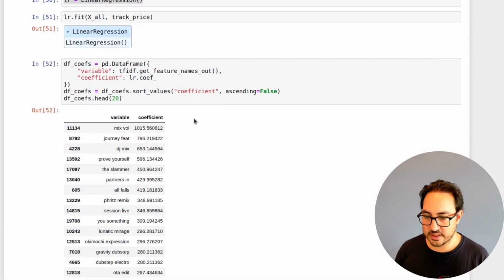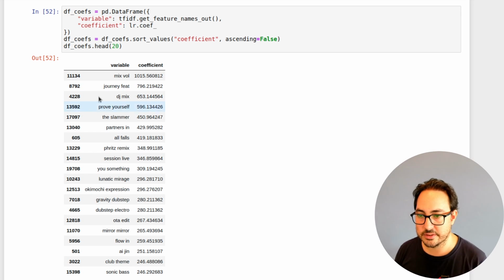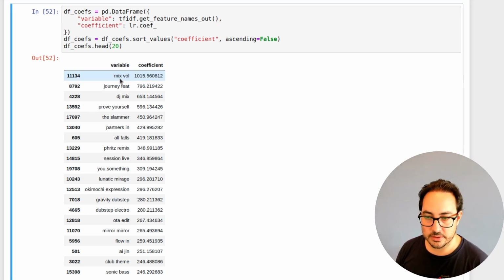So these are the coefficients of the model sorted from larger to lower. So basically, what am I showing you here? Each of these variables are combinations of two words, and they are ordered by how much they correlate to a large price at which the item was published.